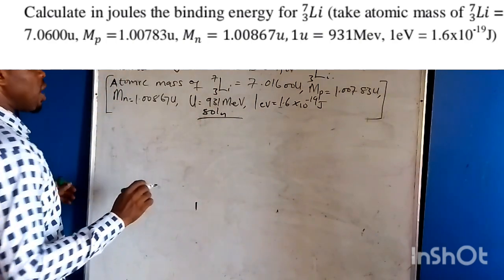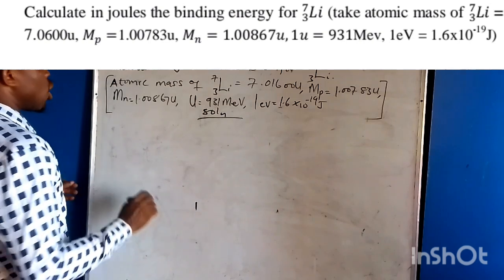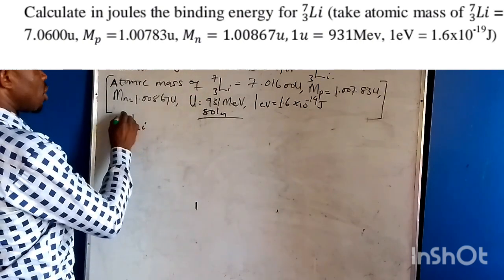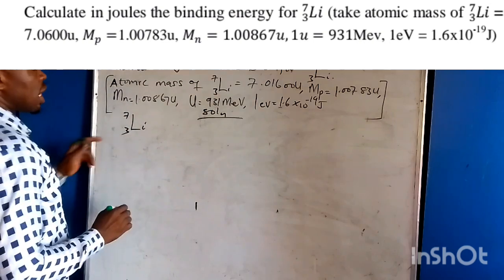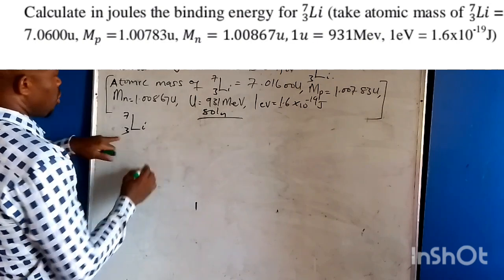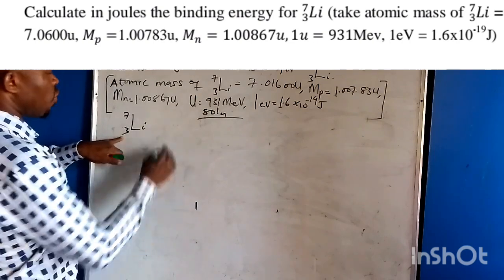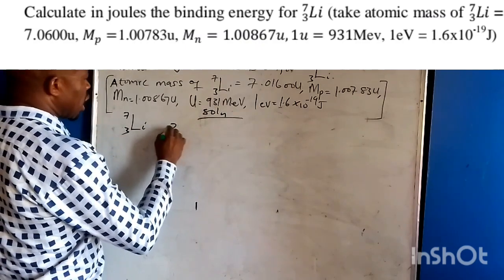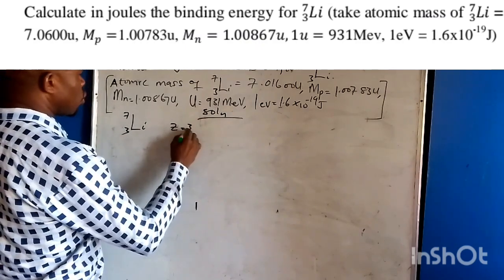Now all we need to do is the solution. Apply our formula. First, the element in question is lithium 7 3. From here, we know that this 3 here is the number of protons, so Z is equal to 3.